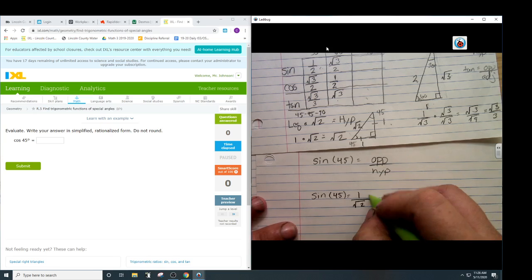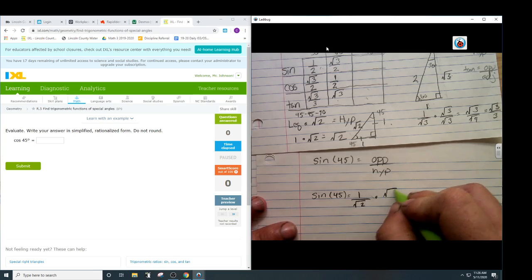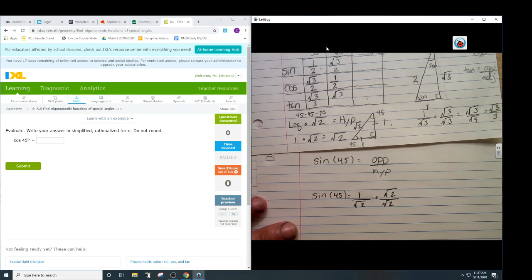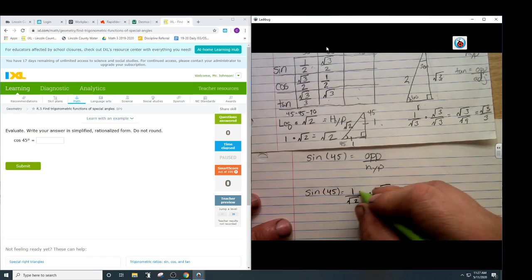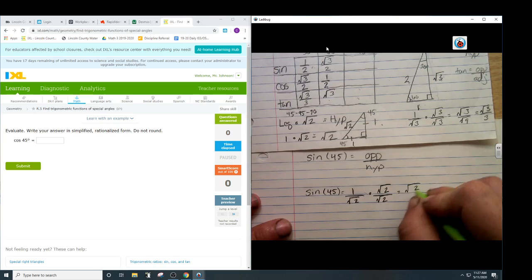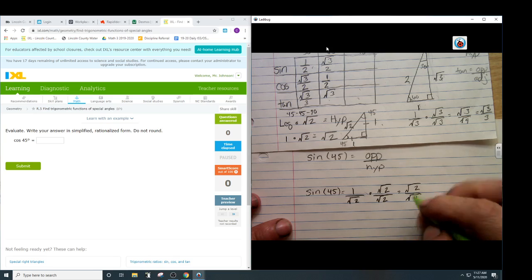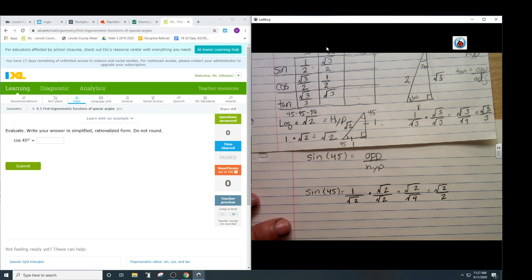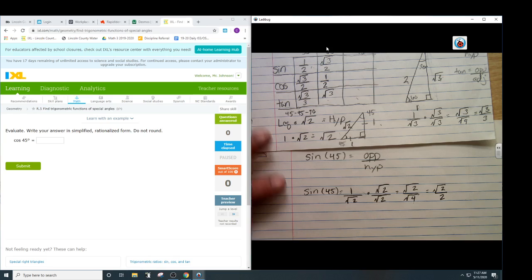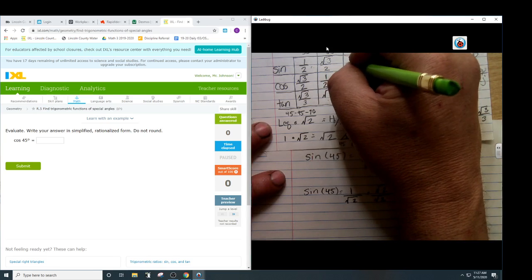Now, you're going to multiply both top and bottom by the square root of 2. And then 1 times square root of 2 is square root of 2. Square root of 2 times square root of 2 is square root of 4. But if you notice, guys, this always is a perfect square. So what you end up with is the square root of 2 over 2. So the sine of 45 is the square root of 2 over 2.